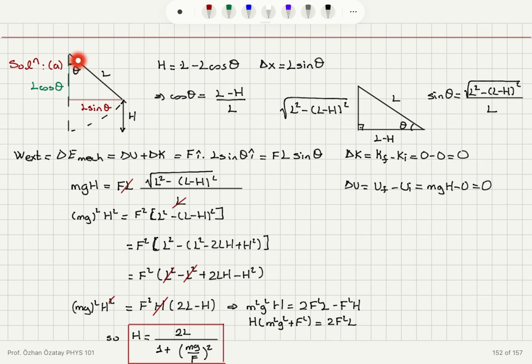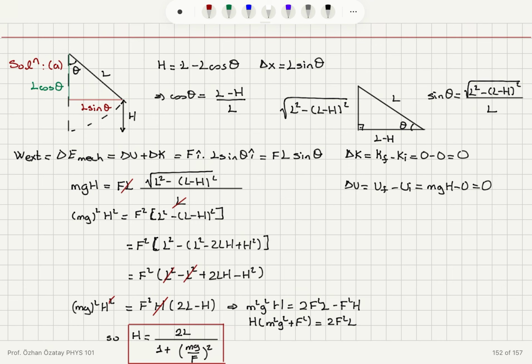If the string makes an angle of theta with the vertical, the height is L minus L cosine theta. From cosine theta becoming L minus h over L, we have determined also sine theta. Because a constant external force is applied that changes the mechanical energy of the system, delta U plus delta K is the work done by the external force.